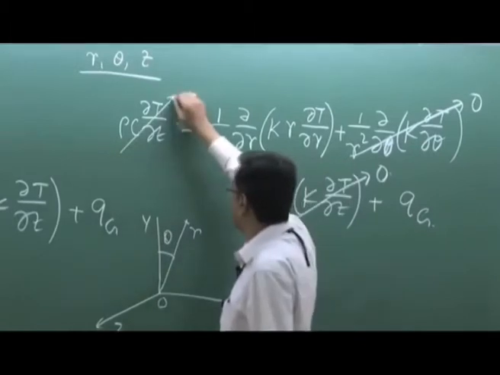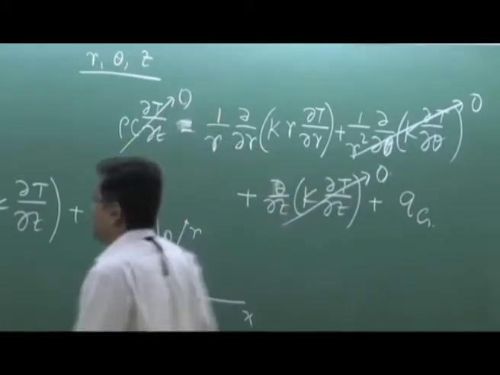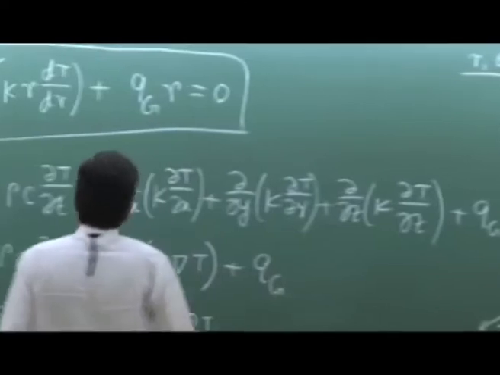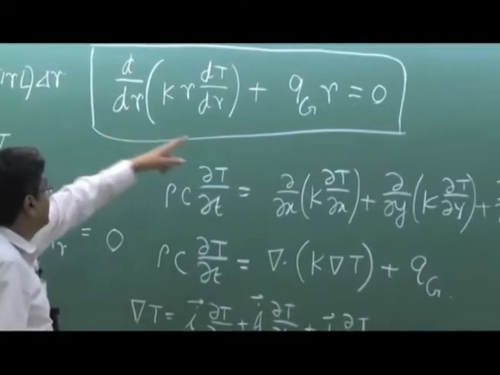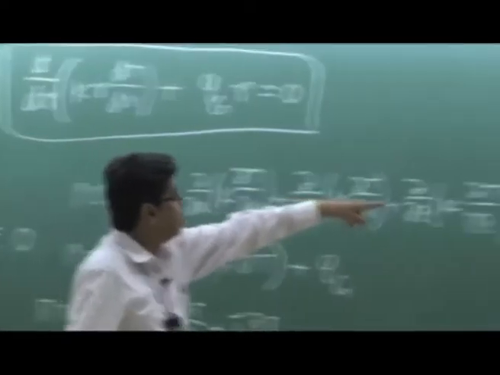And here, for one dimensional, definitely you just ignore this. And steady state, so steady state one dimensional is 1 by r.